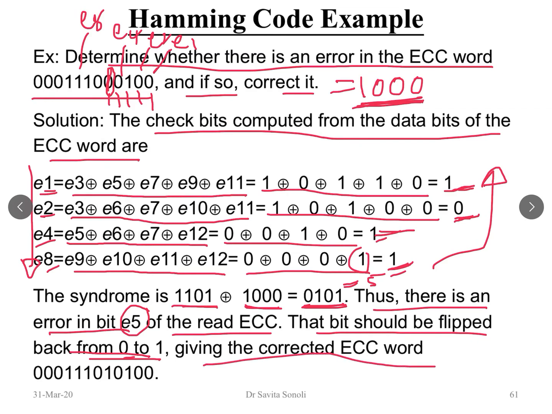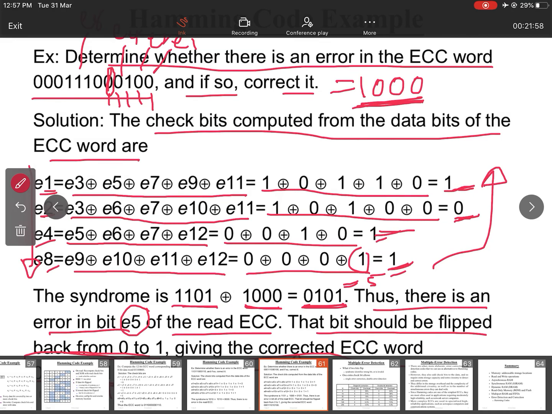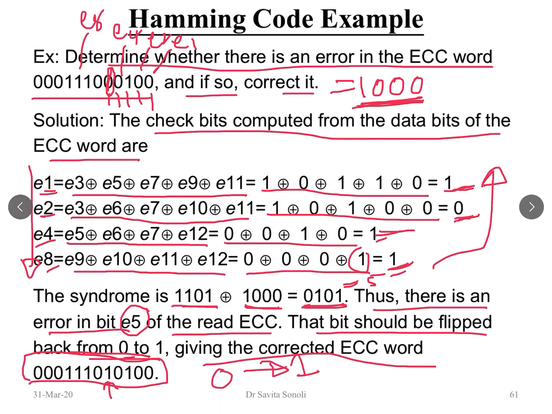So giving the corrected ECC word. This will be the corrected ECC word. You can check 1, 2, 3, 4, 5. This fifth bit has been flipped from 0 to 1. So like this, a single bit error is detected as well as corrected using what?